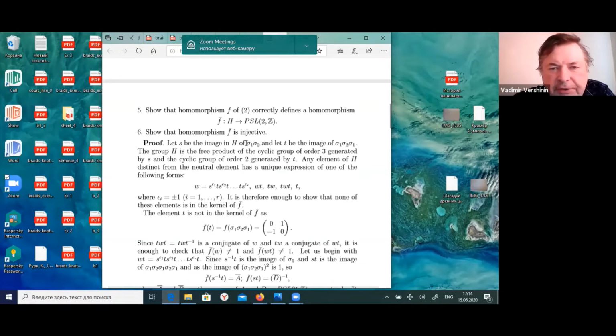So there are generators, sigma 1 and sigma 2, and we take the product like this. We call this generator S. It is the half twist, so it's more or less the square root of the central element.